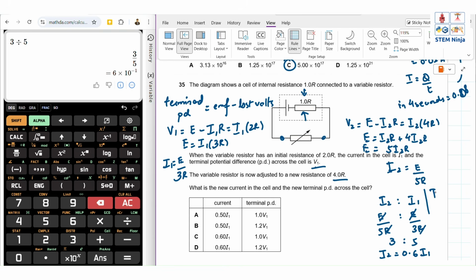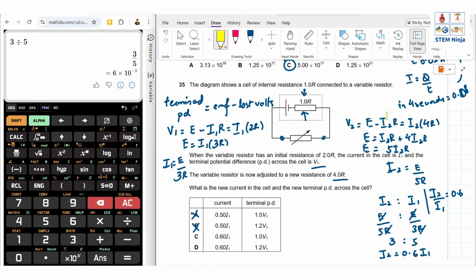Or if you have forgotten the basic math, it is like this, 3 by 5. So that means that these two are cancelled right away. Now we need the potential difference.